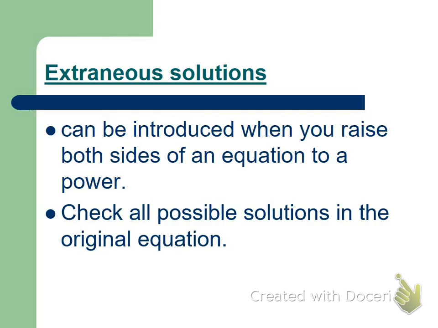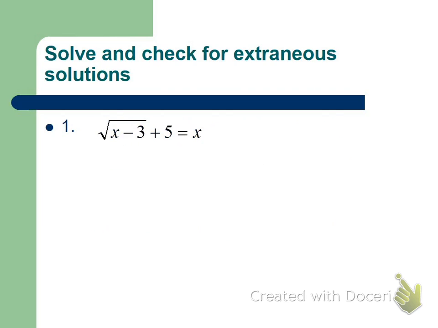If it doesn't work out, sometimes that just means we got an extraneous solution. It seems like it should be an answer, but when we plug it back in, it doesn't really work. All right, our directions are to solve and check for extraneous solutions. So we will solve it just like we did before, and then we'll have to check it and see if it makes sense.